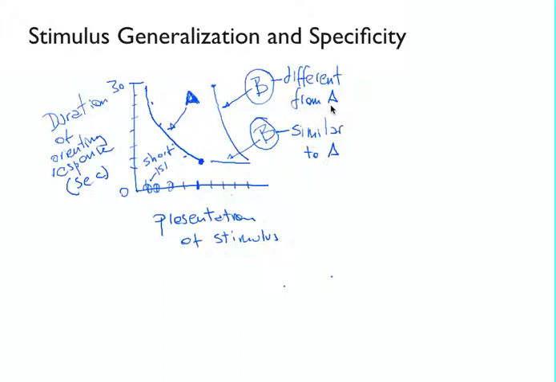If we show them a new stimulus, B, we don't know if it's similar or different from A. But to the extent that we see a recovery of responding, it would suggest that stimulus B, the second stimulus, is for this organism very different than stimulus A. But if we see a continuation of the habituation curve, well, that would suggest that stimulus B is very similar to stimulus A.